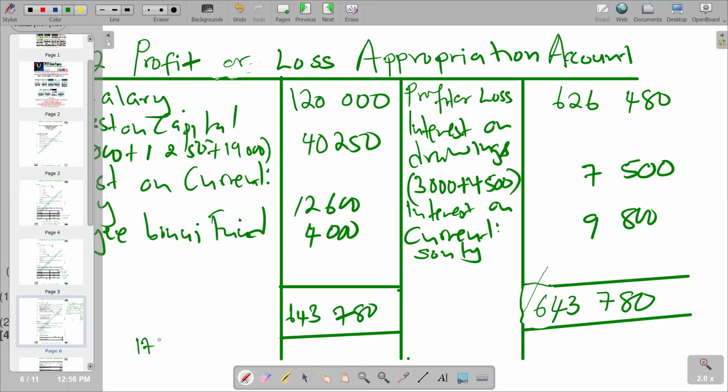If you subtract now 643,780, then you subtract 176,850, the figure that you are going to get there, let's just try to see, 643,780 minus 176,850, and then we're going to get 466,930.